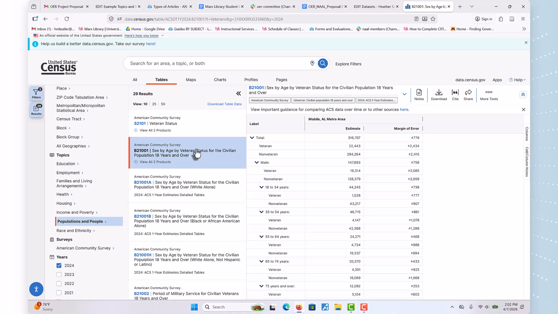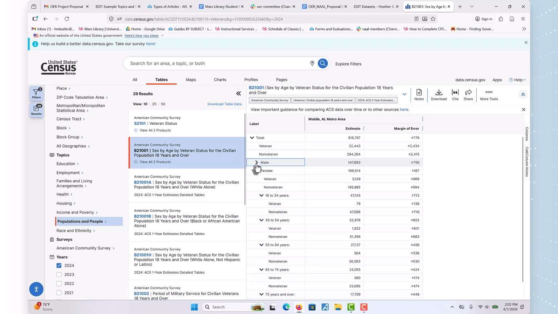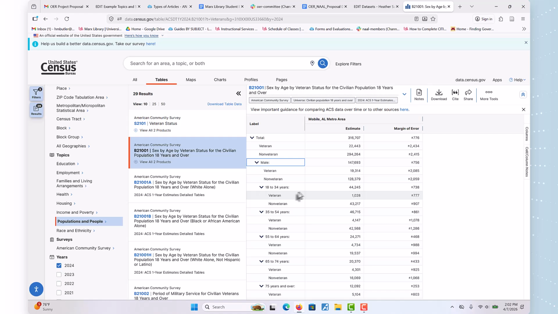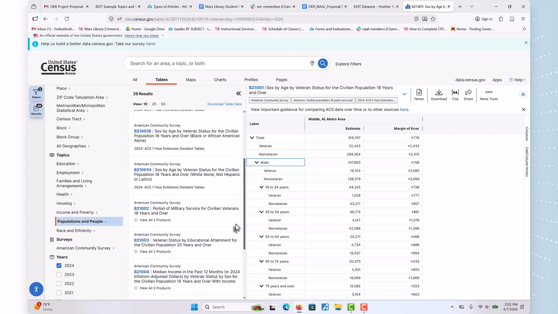One of the things that you can do is if you collapse and expand these categories, you can see definitely what is covered under them. So by expanding and collapsing male, I can see that the 18 to 34 year category means people who said they were male and people who said that they were between 18 to 34 years.